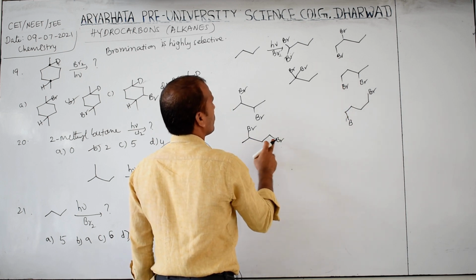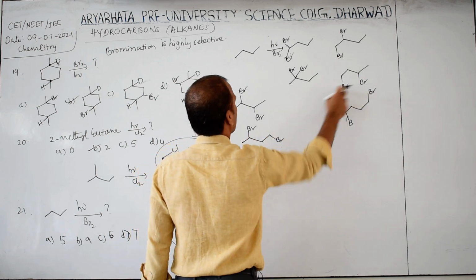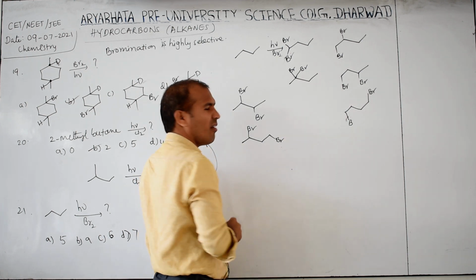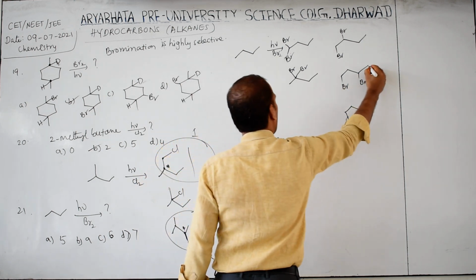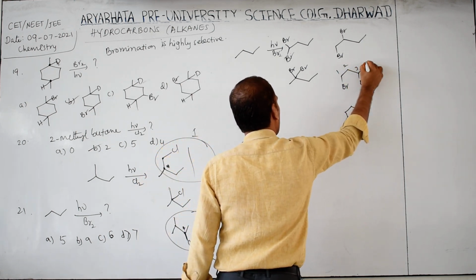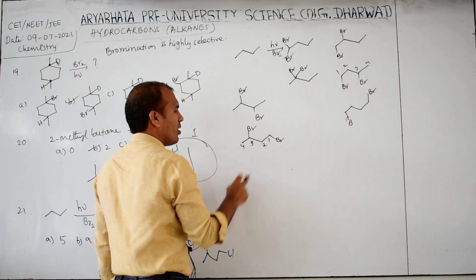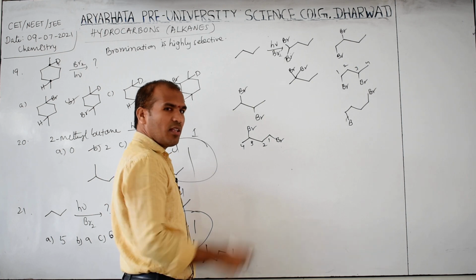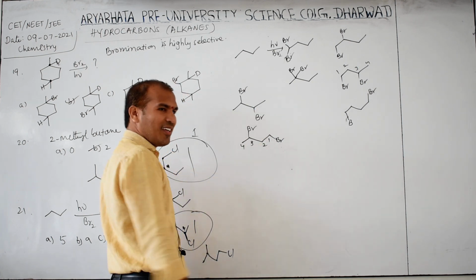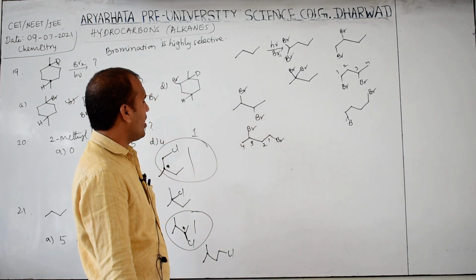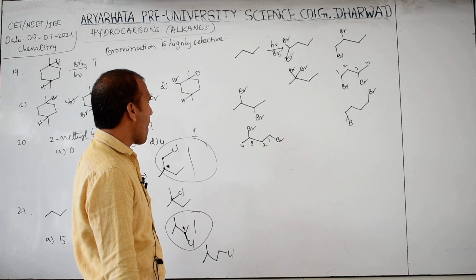What is the numbering? 1, 2, 3, 4. Are the 1 position and 3 position the same? Same. Any other possibilities?